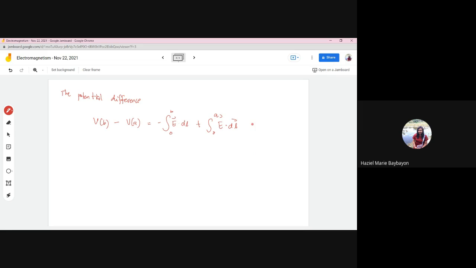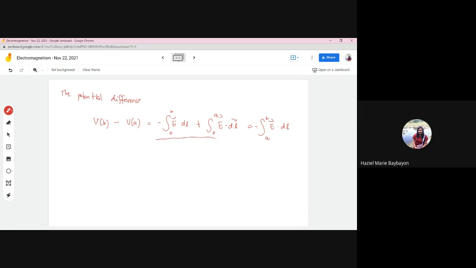And this can be written as negative E dot dl. Okay, so you can go from the origin to B, and then from B to A. So this is just equal to the negative integral of E dot dl from A to B. Okay?